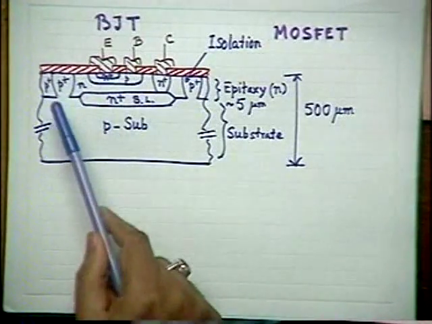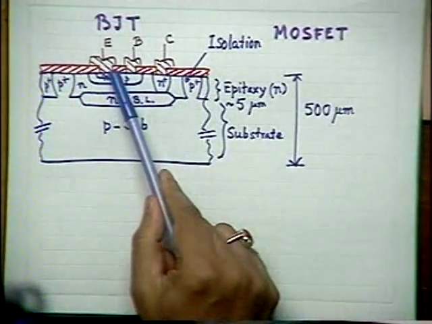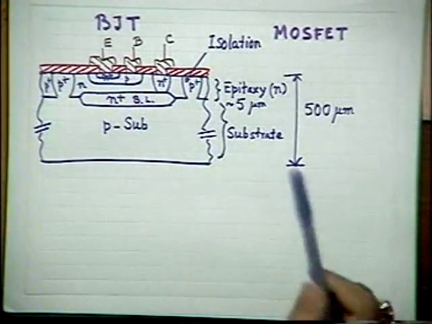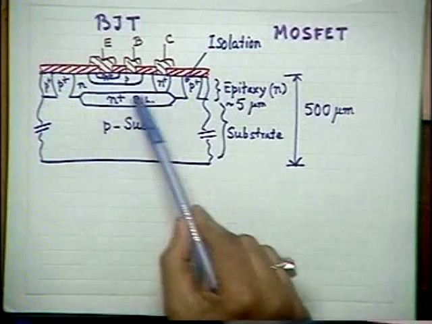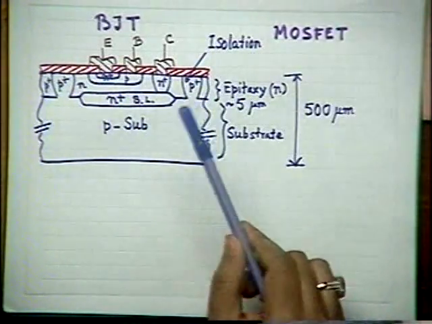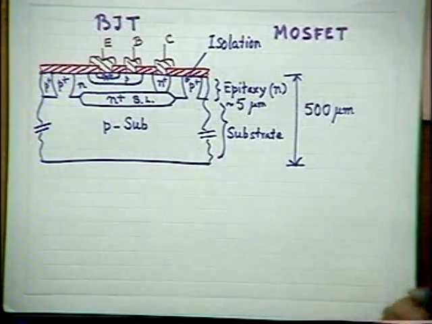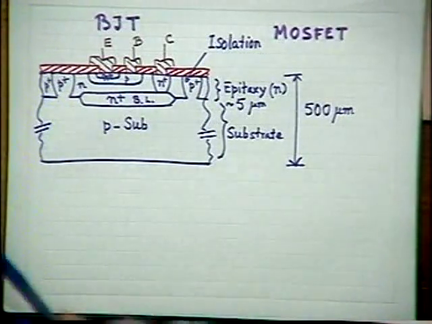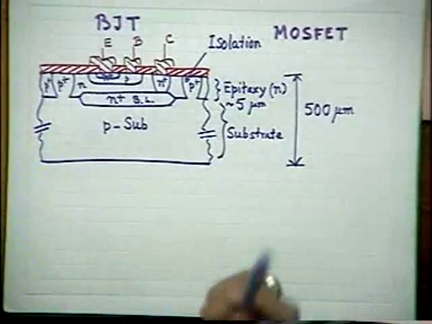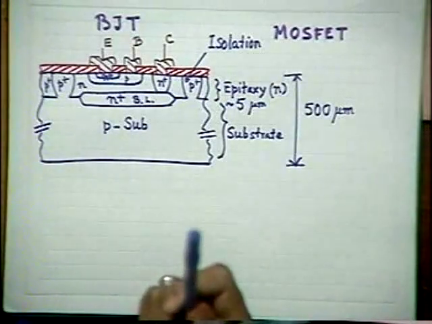So our transistor, the so-called NPN transistor, is located inside an N-type island, which is nothing but a small portion of epitaxial film surrounded both downward and sidewise by P-type material, so that this island's surrounding structure is a PN junction.